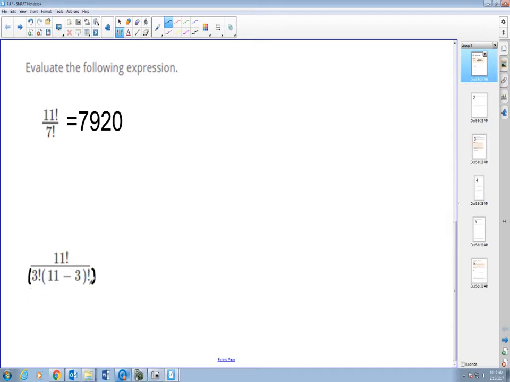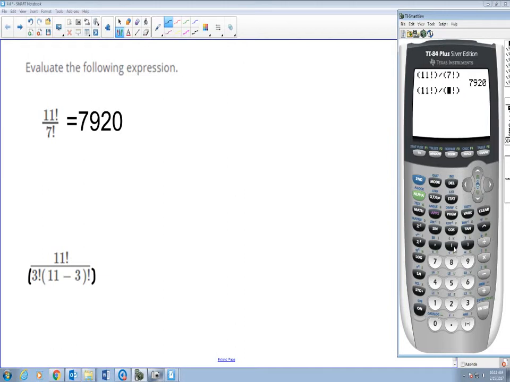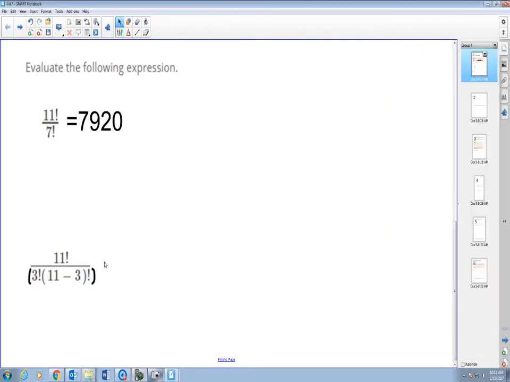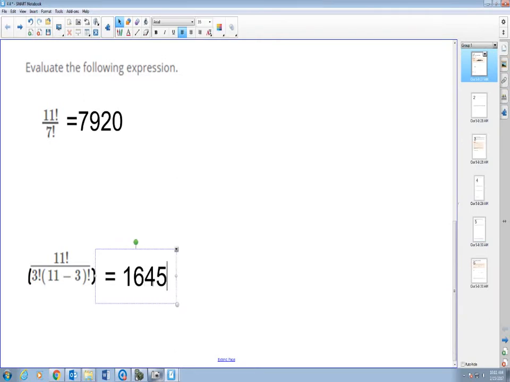The inner one will be the 11 minus 3. So I will open 2 parentheses and say 3 factorial. Open another one for my 11 minus 3, close it, then the factorial, which is on the outside right here. And close the parenthesis for the whole denominator. So my answer is 165. We can actually use a calculator to do the factorial for us.